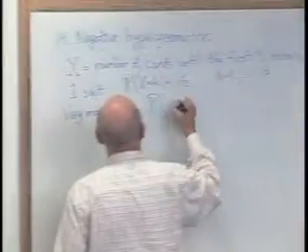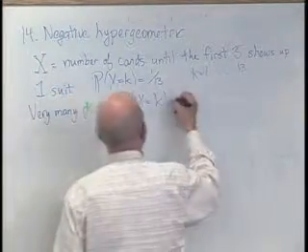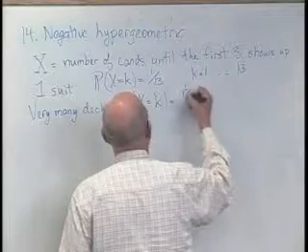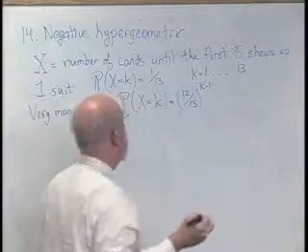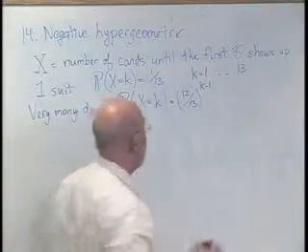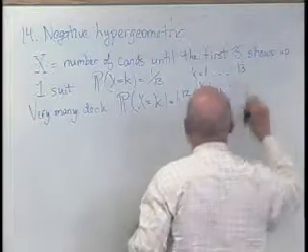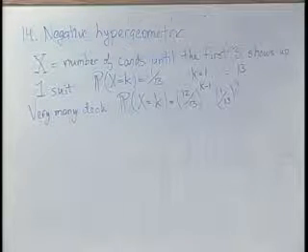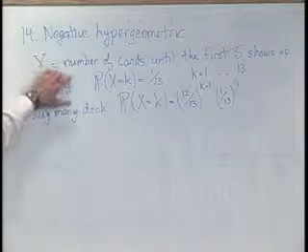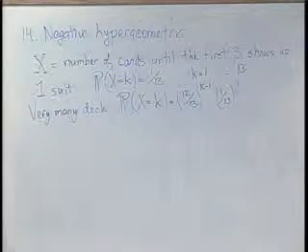The probability that the random variable X has the value k is equal to 12/13 raised to the k minus 1 power for the first k minus 1 cards, which are all non-5s, times 1/13 as the probability for getting the 5 on card k. Everyone comfortable with this?